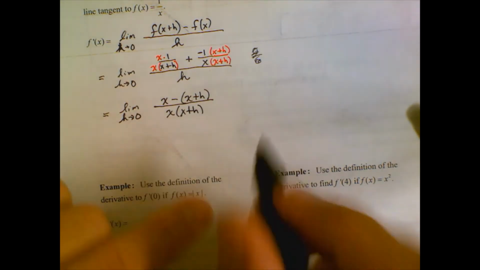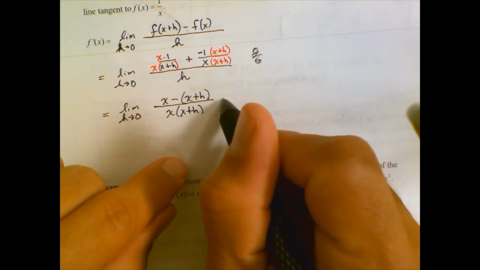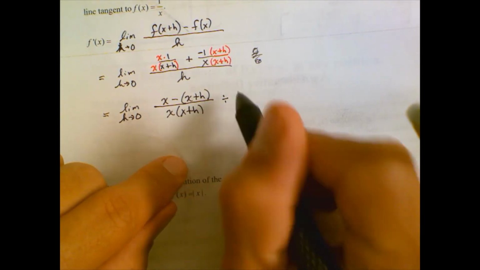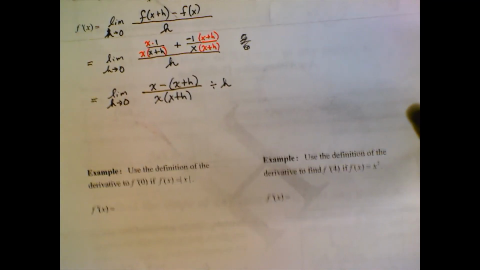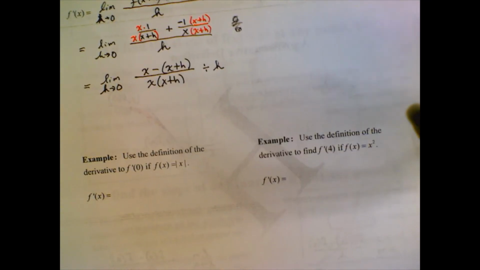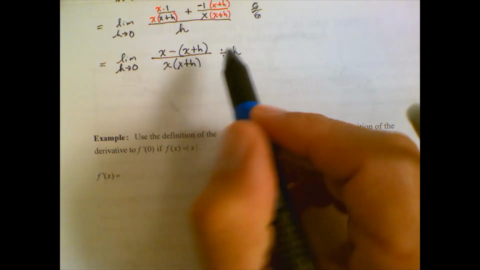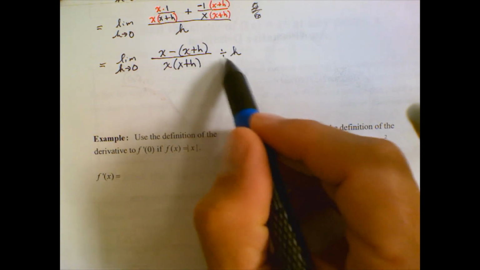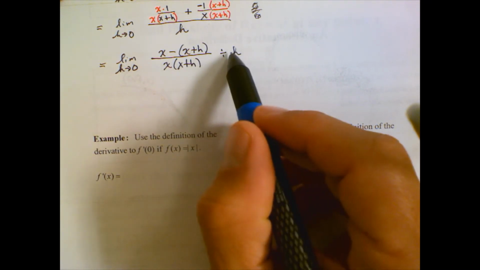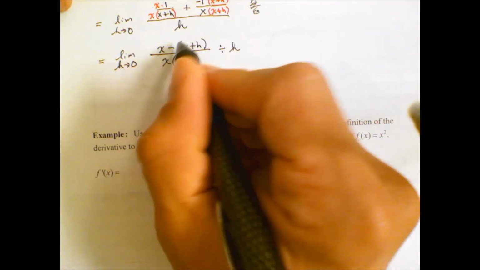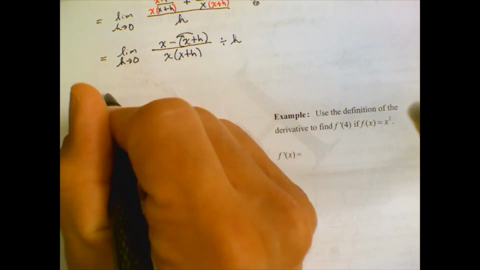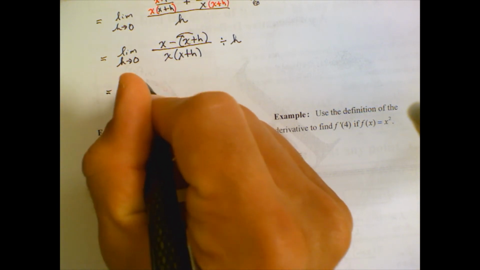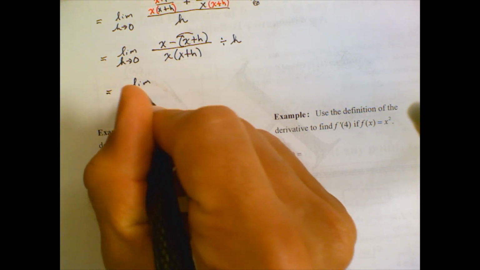And remember in 6th grade how they wrote the division symbol? They'd say something like divided by h. Let's go ahead and write it that way, because that's going to allow me to do the keep, change, flip strategy, basically the division equivalent for multiplication, right? So anyway, what we're going to do is kind of distribute this negative sign through, and when you see that distribution happen, you notice that the x is canceled.